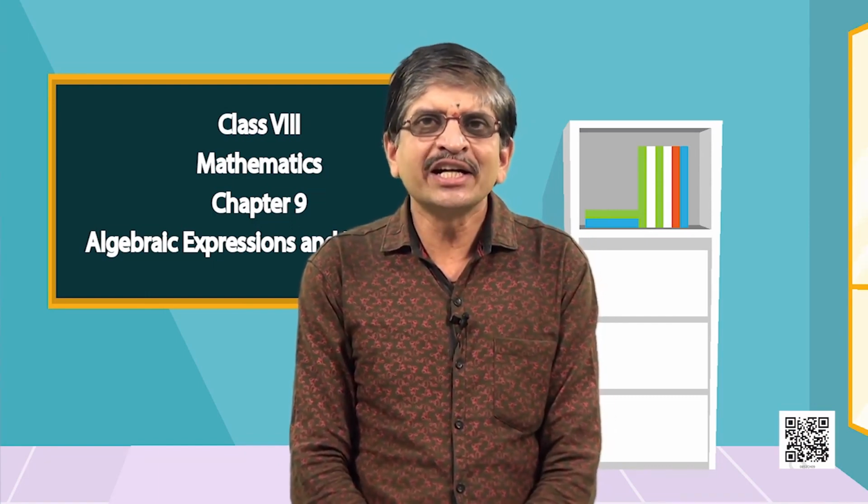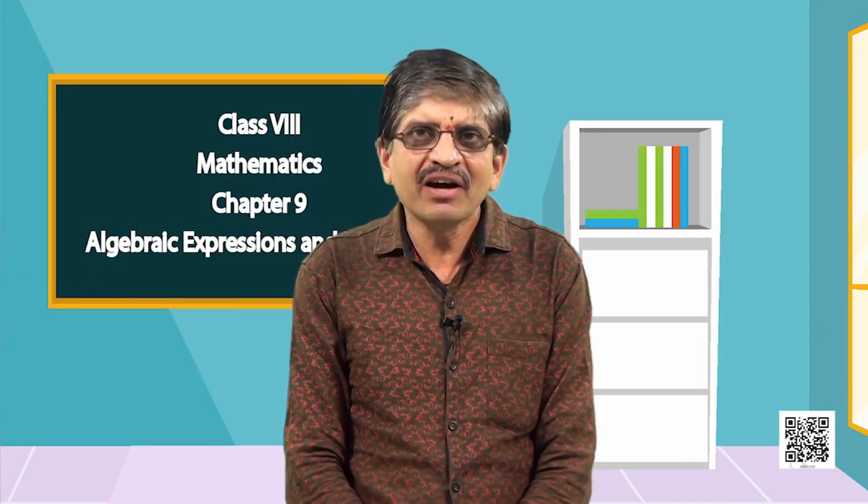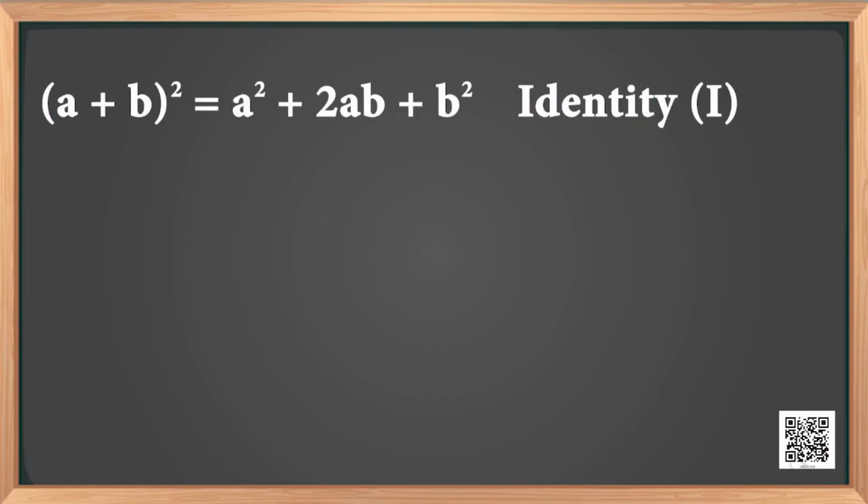These identities 1, 2 and 3 are called the standard identities. Let us see how to get identity 2 from identity 1. Identity 1 is (a + b) whole square is equal to a square plus 2ab plus b square.